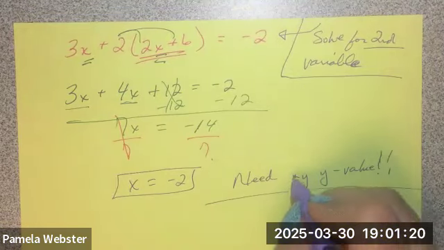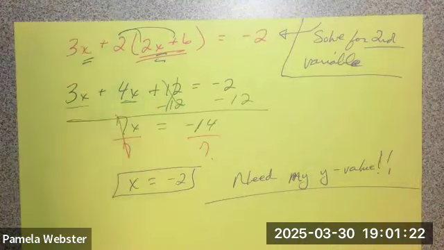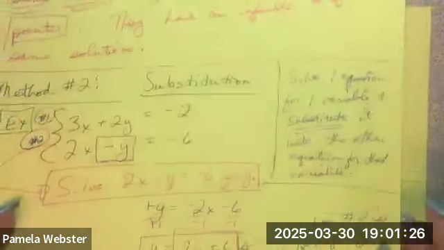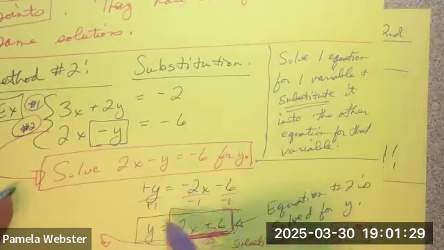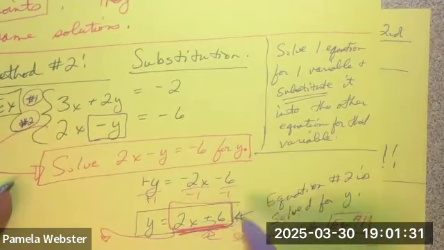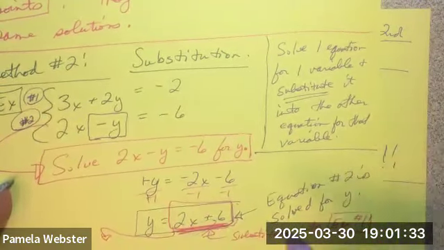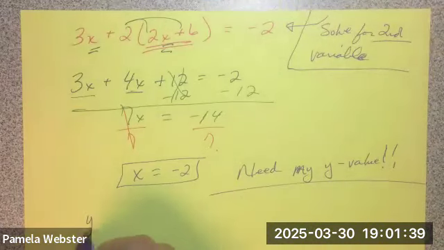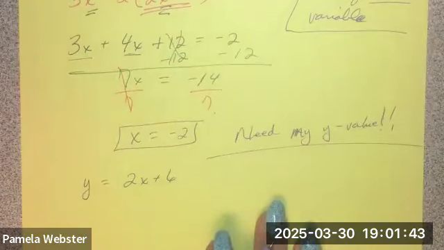So where do we go to get our y value? You can go to any of the upper equations that you want to, but I like this one. We solved it: y equals 2x plus 6. We've already got that. But if you don't like that, you can put in your x in either one of these, and you would be fine. But I know y equals 2x plus 6. I already had it.